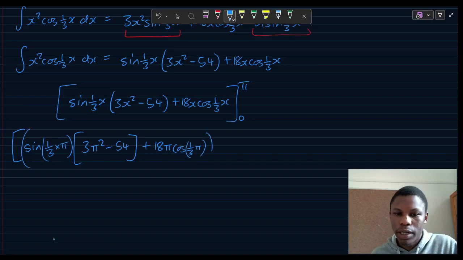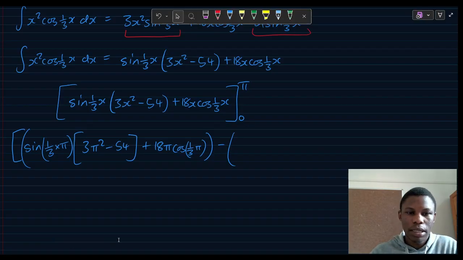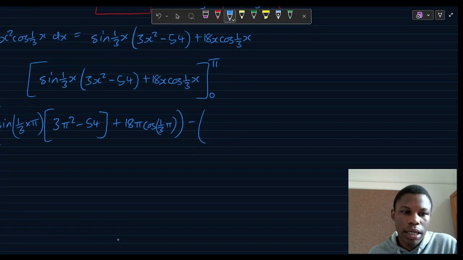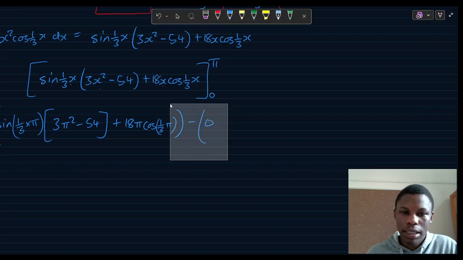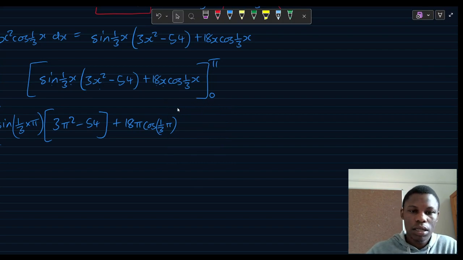There's a lot of brackets. Then we'll do the lower limit. Here I'm going to have sine of 0, which I know is 0. So this is 0 multiplying this bracket, so that gets 0. And then here I've got 18 times 0, which is going to make this whole part 0. So the lower limit really doesn't give us anything.